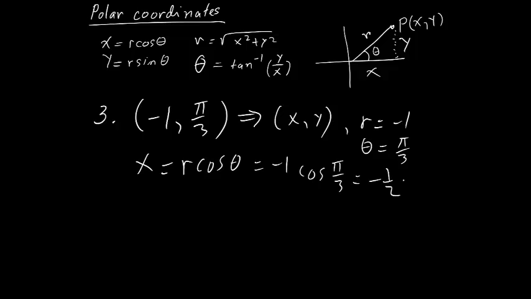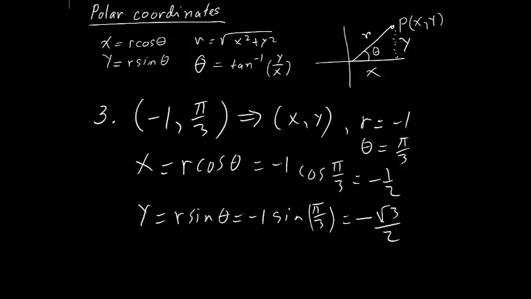So you get negative half. y equals r sine theta, negative 1 sine pi by 3, which is 60 degrees actually. So sine 60 is radical 3 over 2. So negative radical 3 over 2. And as I said, the point we have located here is in the third quadrant. In the third quadrant, you can see x is negative, y is also negative.